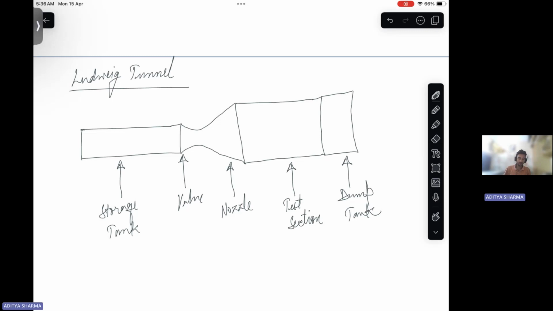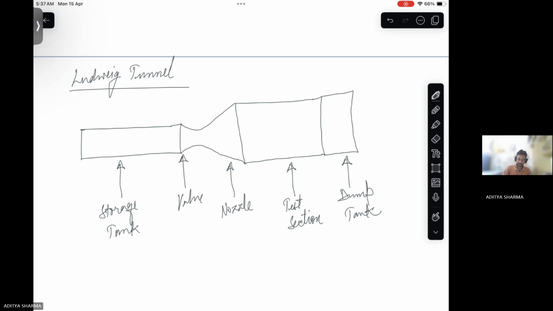So in the storage tank, we store high pressure gas, right? And then there is a valve, a fast acting valve, so we can open it very quickly. From this valve, the flow enters into the nozzle, and this establishes high enthalpy flow.